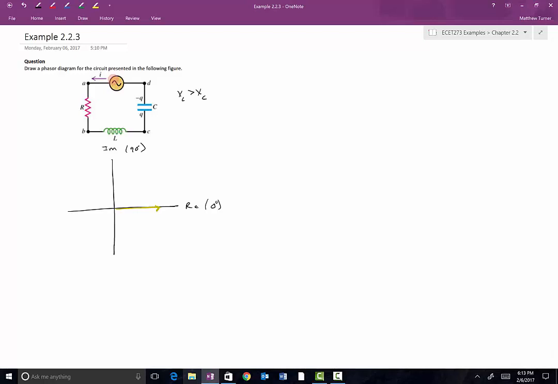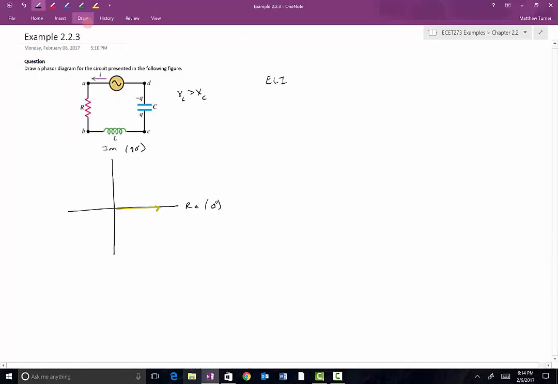If you remember from the reading, ELI is for inductive circuits, so current lags the voltage. That means the current flowing in this circuit is going to have a negative angle associated with it. How big? I don't know because I don't have any numbers here. I just know that it's going to be an inductive current.